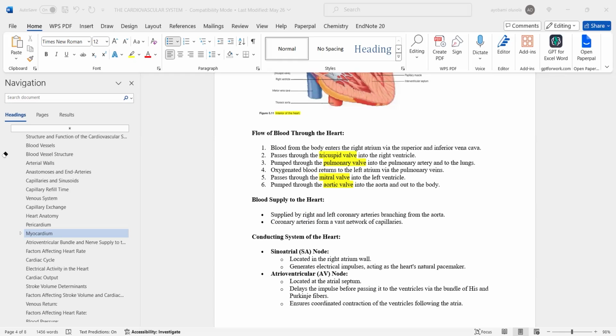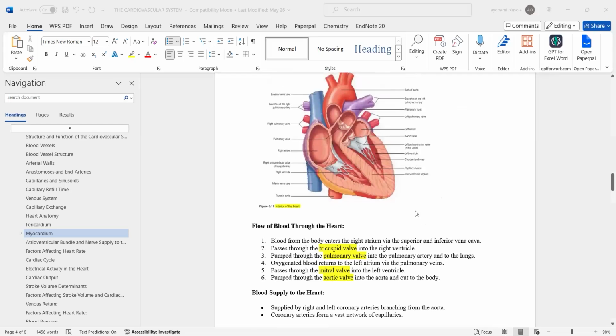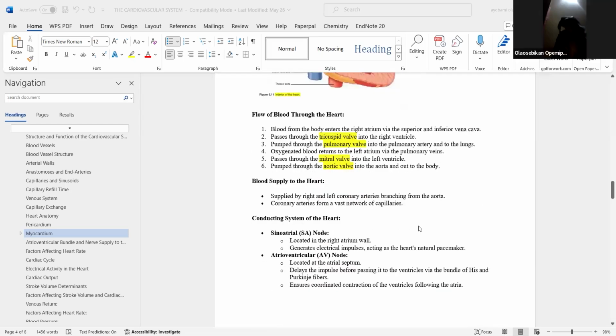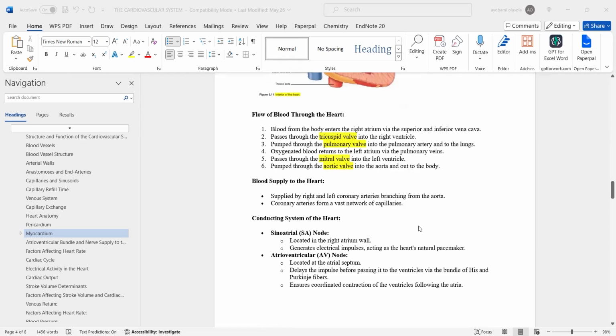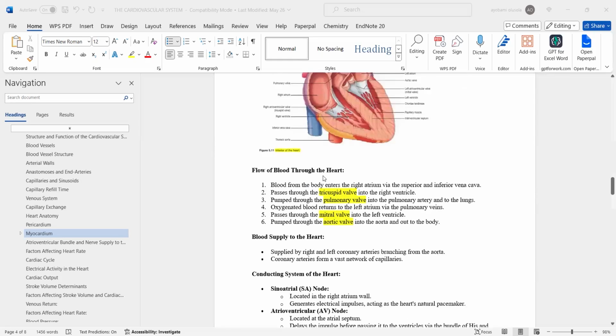The coronary artery supplies the heart. So, we've been able to establish that the heart pumps. But it has some electrical activity, and that's why it is able to pump. So we can then call this electrical activity the conducting system of the heart. These electrical impulses that make the heart pump start from the sinoatrial node.